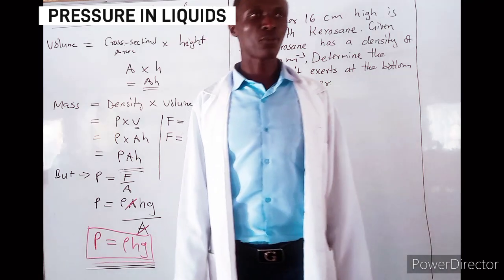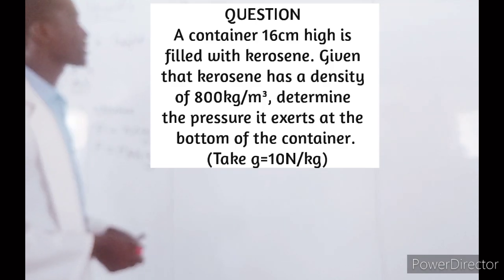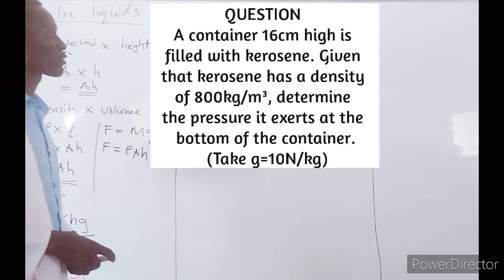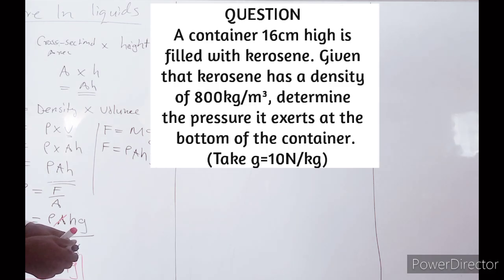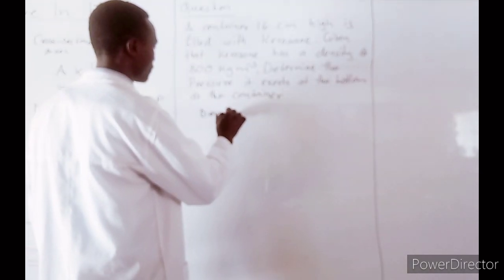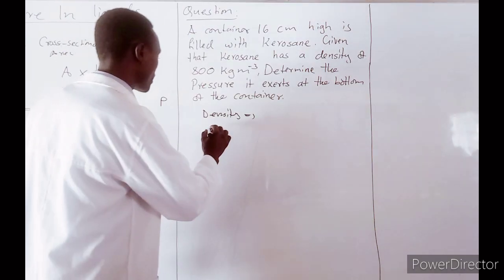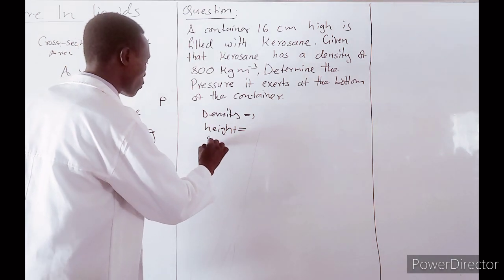So we can do an example and see how this formula works. A container 16 centimeters high is filled with kerosene. Given that kerosene has a density of 800 kilograms per cubic meter, determine the pressure it exerts at the bottom of the container. Here we must look at the three aspects we need to get our pressure: density, height, and the force of gravity.